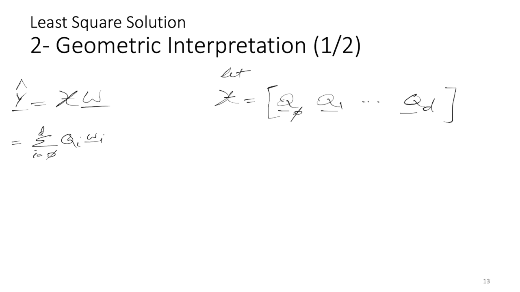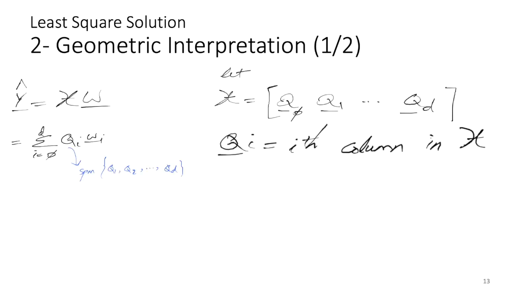You could expand that to the summation of i from 0 up to d of qi wi. We call those qi the ith column in X, or the span of X. These qi could be q1, q2, up to q3, and they are a linear combination with your wi. I'll have an example in the next slide so you can understand what a span function is.